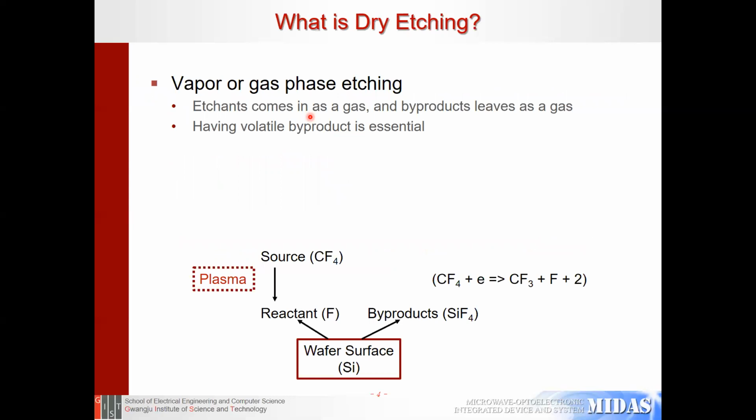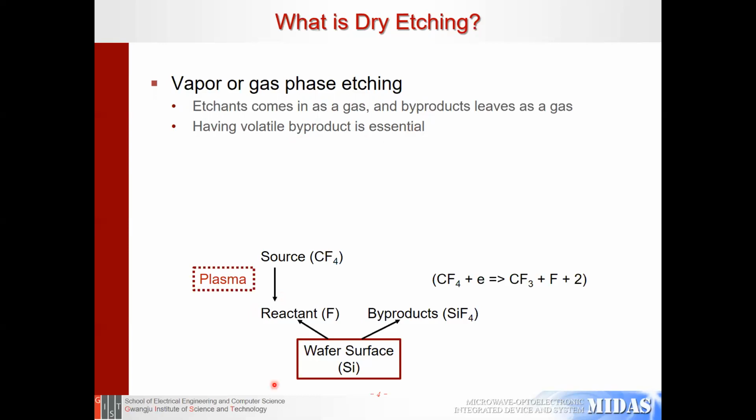So what is dry etching? Basically, dry etching is a vapor or gas phase etching, where etchant comes in as a gas and the byproduct leaves as a gas. So having a volatile byproduct is essential for dry etching. Below here in the diagram, I have shown the basics of dry etching.